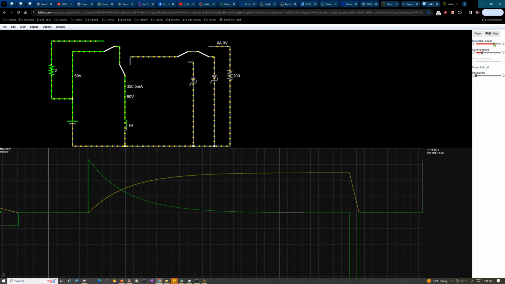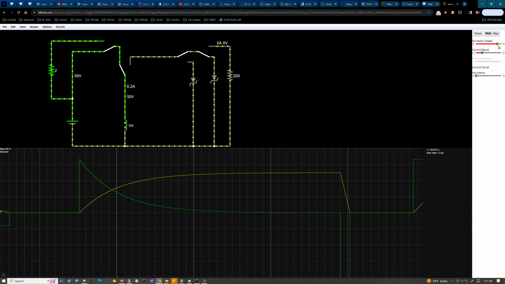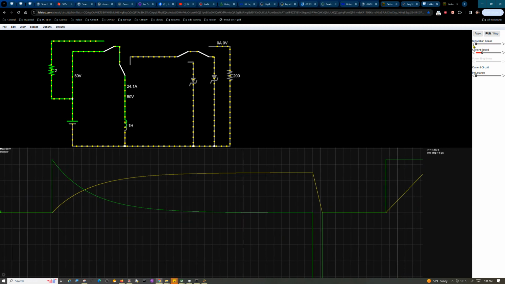So let me get it up there. Alright, that's close enough. So I got it way slowed down now. Alright, so you can see it's actually minus 200 volts. So I guess that's what I had it set to, is 200 volts.